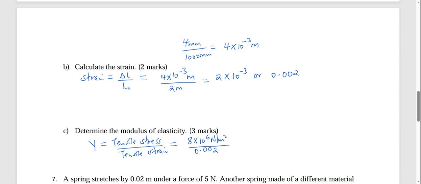We end up having 4 times 10 raised to power 9 Newton per meter squared as our answer. Or you can use Pascal.